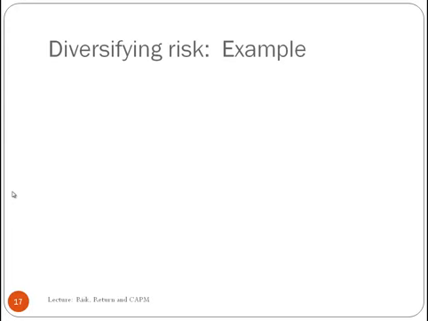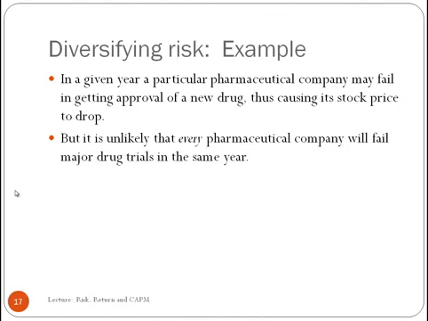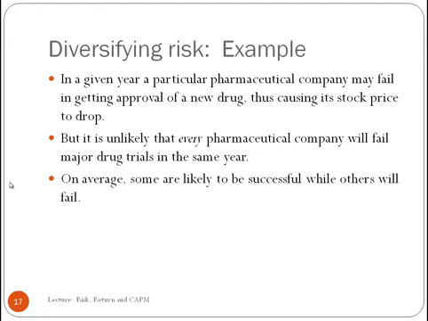And let's just say we're interested in purchasing a pharmaceutical company stock. Now, in a given year, a particular pharmaceutical company may fail in getting approval of a new drug, and that would probably cause its stock price to drop. But it's unlikely that every pharmaceutical company will fail major drug trials in the same year.